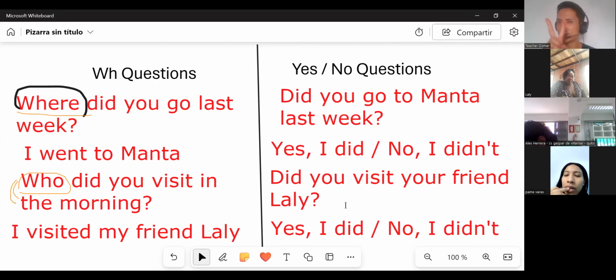Pero recuerda que las dos son preguntas, ¿no? Tanto las WH question como yes and no question, las dos son preguntas. ¿Cuál es la diferencia? What is the difference? Que la una es negativa y la otra no, las dos son negativas. Not exactly.